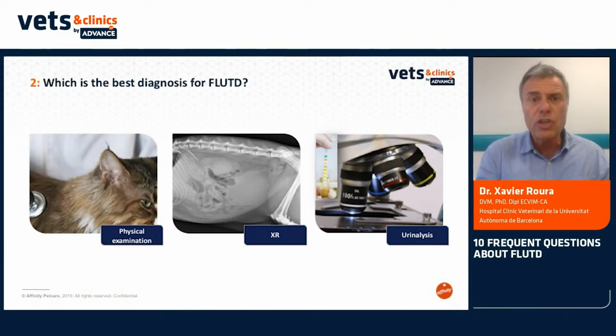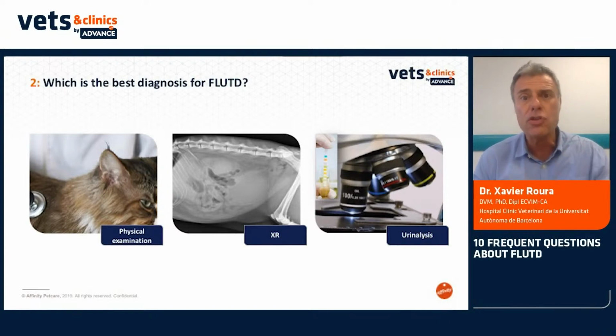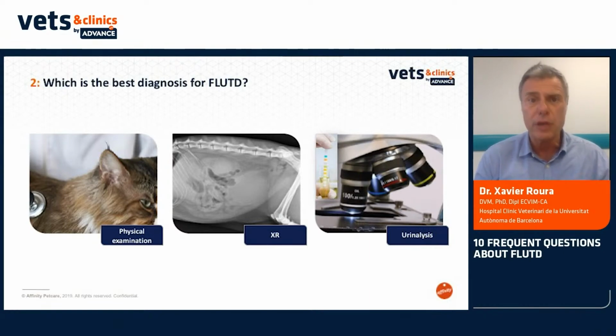Second, we will do just one simple X-ray in order to find urolithiasis, the second main cause of feline lower urinary tract clinical signs. In this situation, only a plain, simple X-ray is enough, because the majority of the uroliths in cats have opacity in the X-ray.